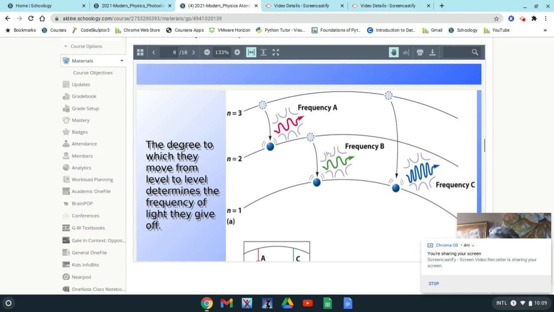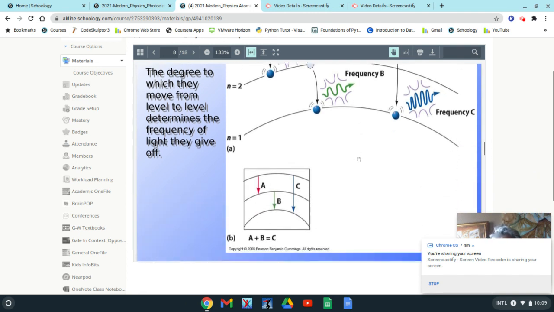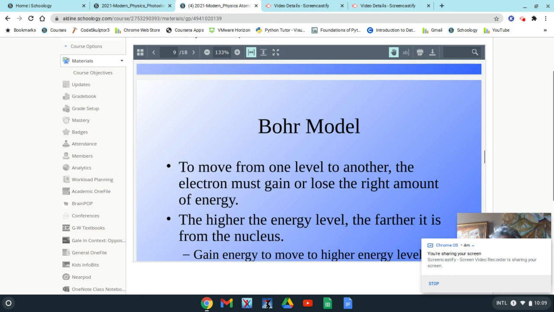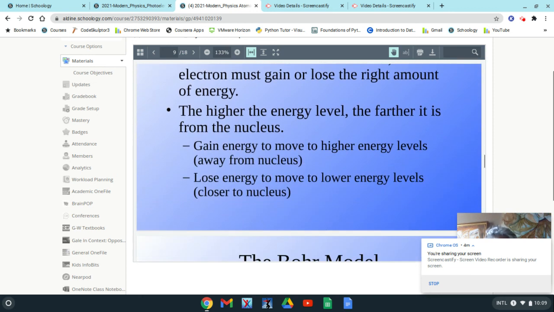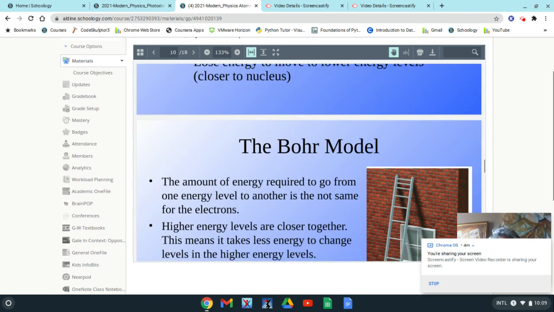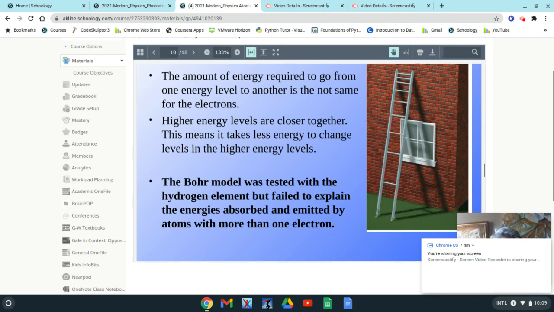And so if each shell was fixed, that means that these frequencies must be fixed. Each atom must give out a specific set of frequencies only because it had a specific set of shells that the electrons could be in. That basically meant that each atom must have its own unique fingerprint, which tells you exactly what energy photons can be observed.